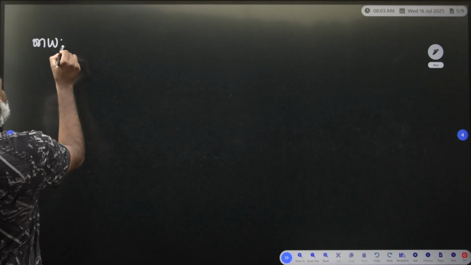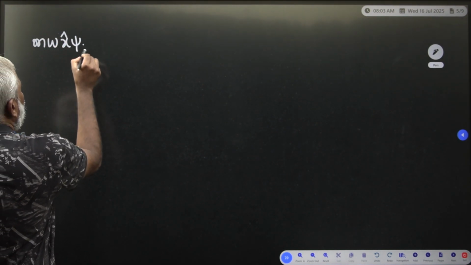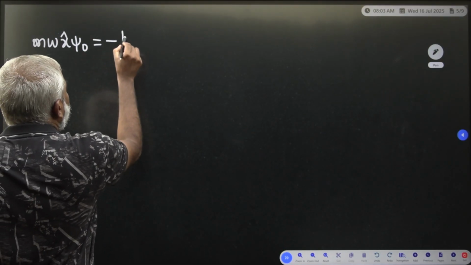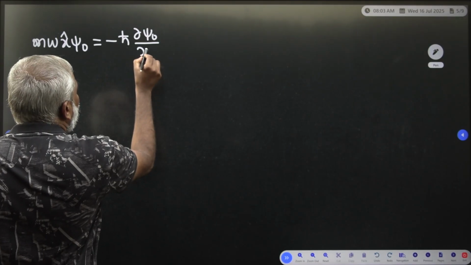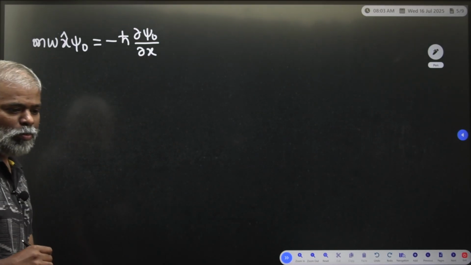So, therefore, what we have to write here: mω x̂ into ψ₀ is equal to minus ħ into ∂ψ₀ by ∂x.